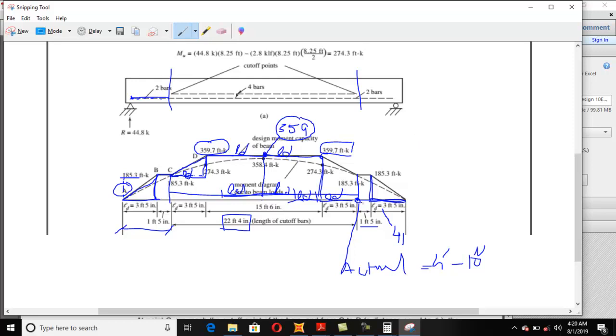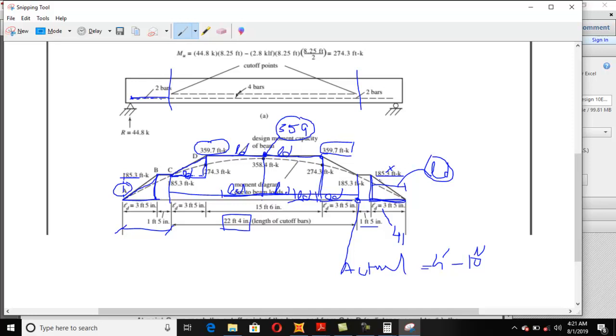Similarly, now we come to this point. If I draw this point on the beam, then if you want that your design moment capacity will be equals to 185.3, you must ensure that your bar should be embedded into the concrete up to LD distance. If it is not embedded, means the bar is not inserted into the concrete up to LD distance, your design moment capacity will not be equal to 185.